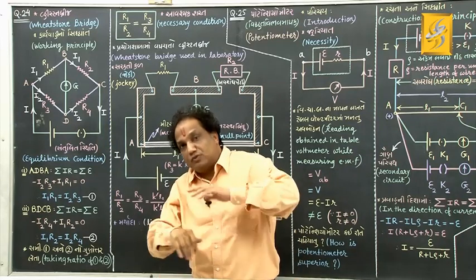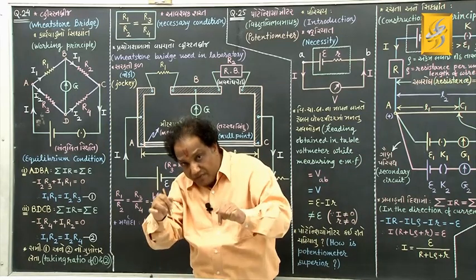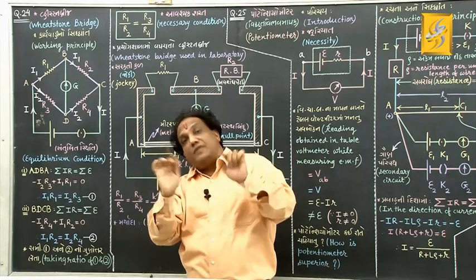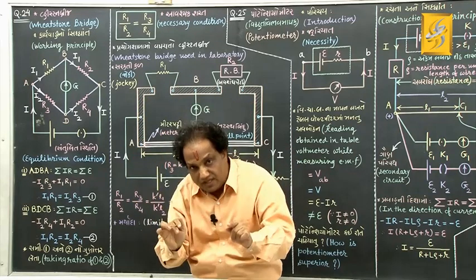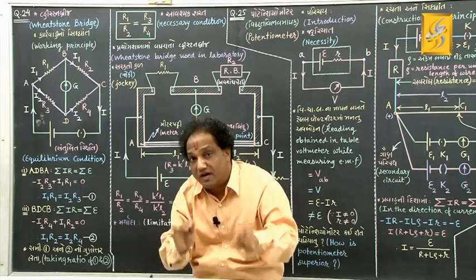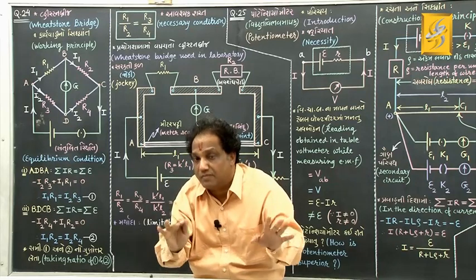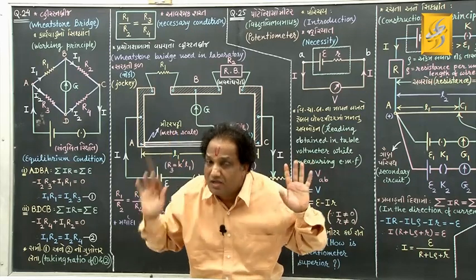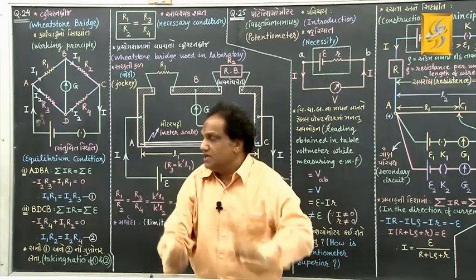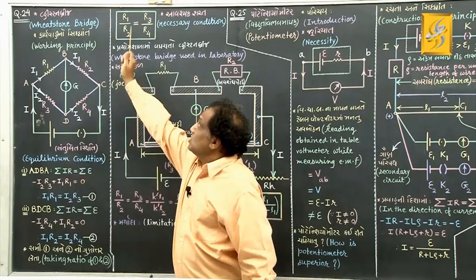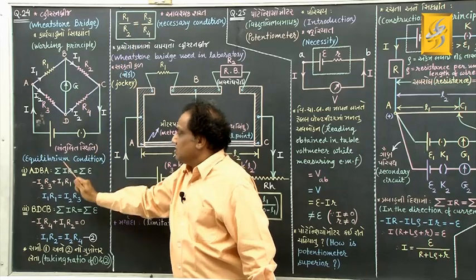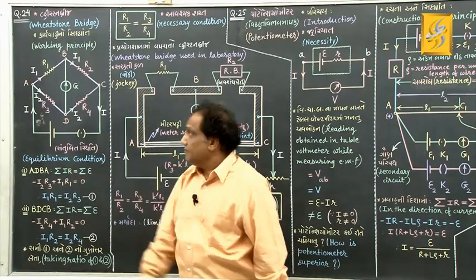Okay? And now speak in reverse. If a given Wheatstone bridge is in the balanced condition, then the ratios of resistances taken in the direction of currents in the two arms of that Wheatstone bridge must be equal. So the situation is double implies. If this is true, then this is true. Correct? Fine.